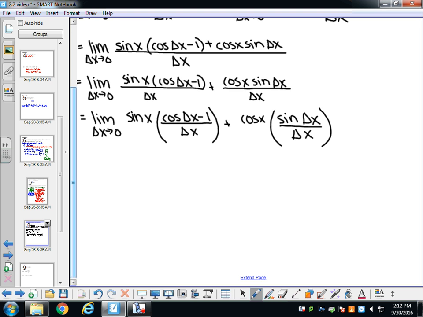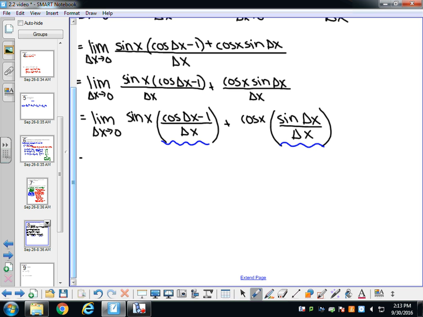I haven't really changed much. I just wrote it a little bit differently, and it's a little bit cleaner because the 2 in my parentheses are 2 that I have memorized. The cosine of delta x minus 1 over delta x as delta x goes to 0, that's going to become 0. So now I can actually plug in delta x.